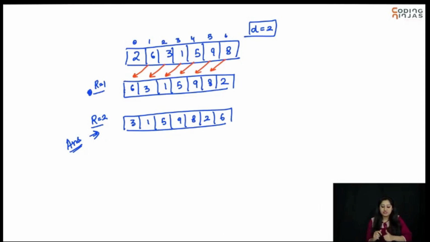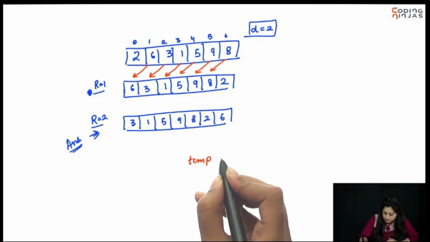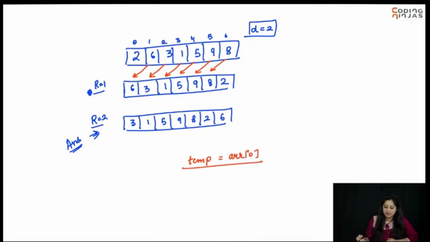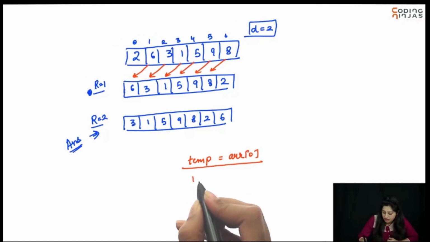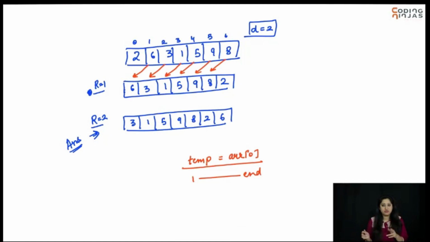So if I have to shift this array by 1, what I should do is first store element at 0th index in a temporary. Shift all elements from index 1 to n by 1, and then at the last index place this temp. To shift, obviously index 1 element should go to index 0, right?